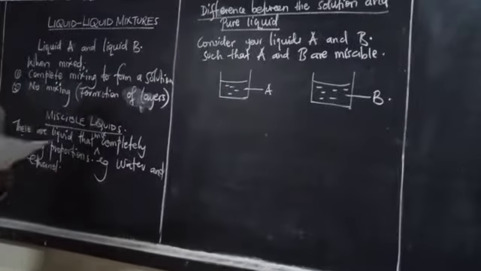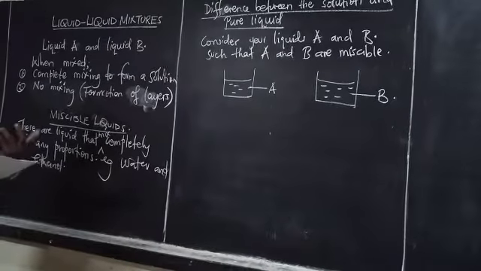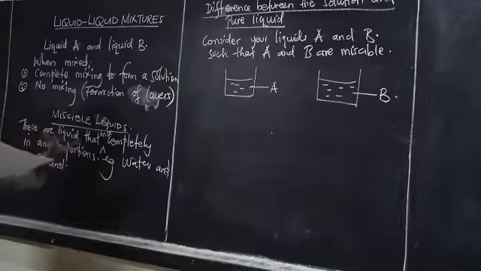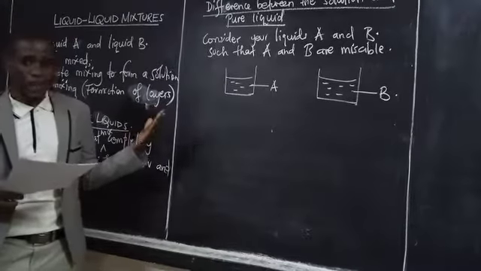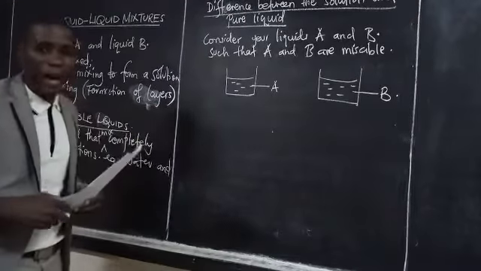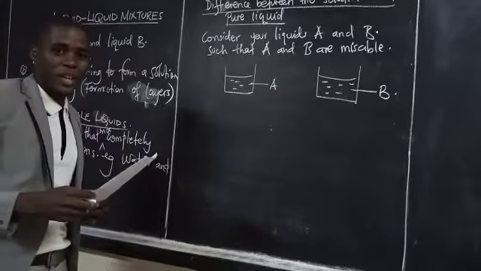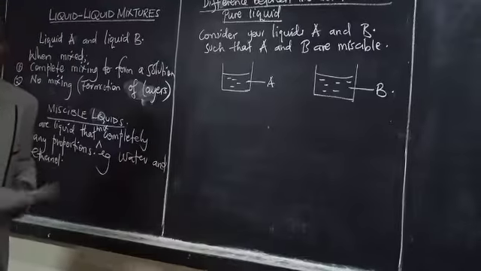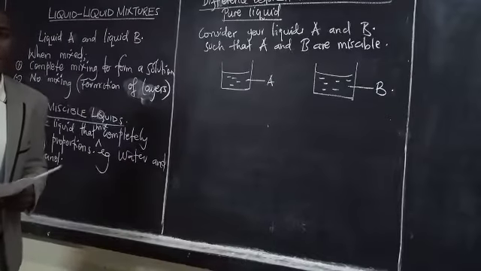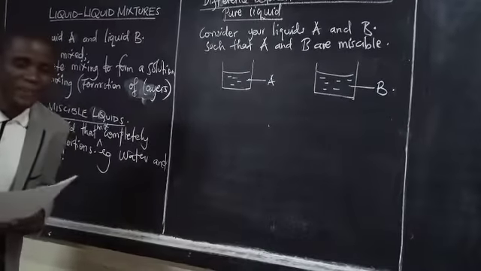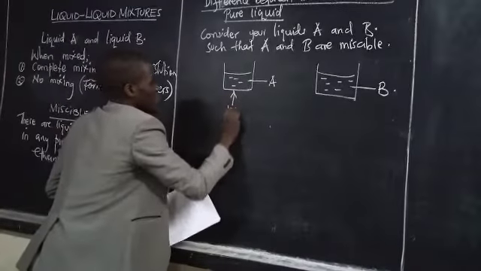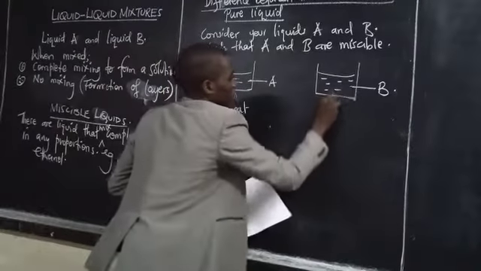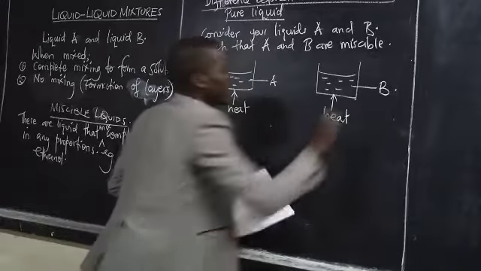And I want us to think about what happens when we boil these two liquids. If you have a metallic pan, or a glass that is hard enough to withstand heat, you can heat them until they boil. When you heat, what happens?